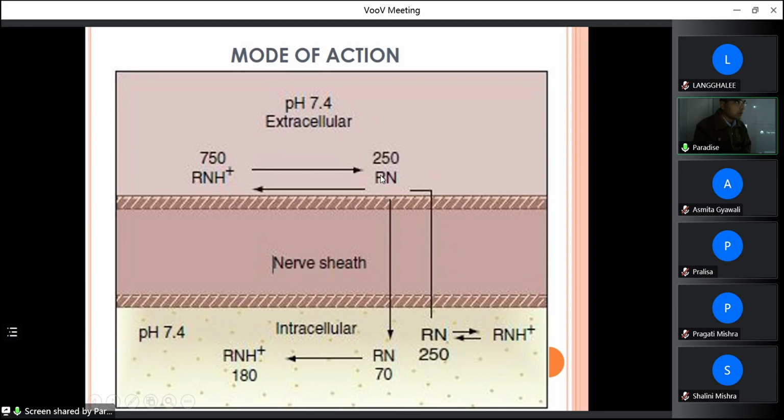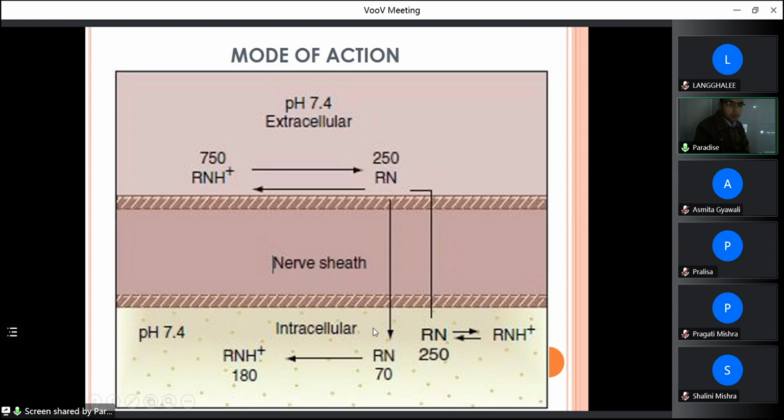Let's say you have deposited about 1000 molecules of local anesthetic. Among them, 750 will be in the form of RNH+ and 250 will dissociate into RN form. Once this unionized molecule enters the cells, it crosses the lipid membrane, the nerve sheath membrane, then enters the intracellular fluid. Again, it reacts with H+ ion and forms RNH+ ion.